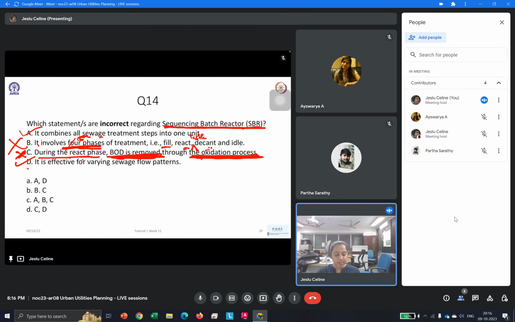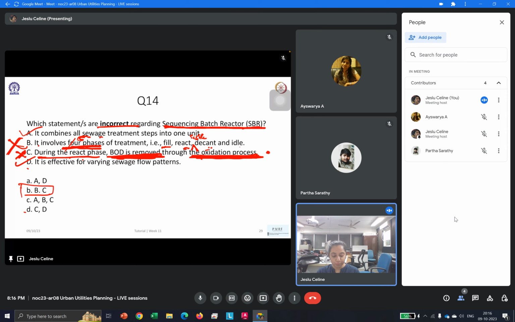I understand that this is a bit tricky to know, but one way of looking at it is that among the options, if you want to say which is incorrect, if you want to say only B is incorrect, there is no option which says that B is the only incorrect one. So C will also be there.